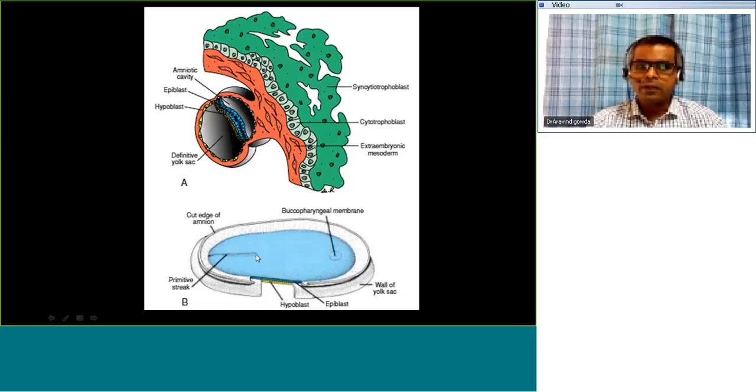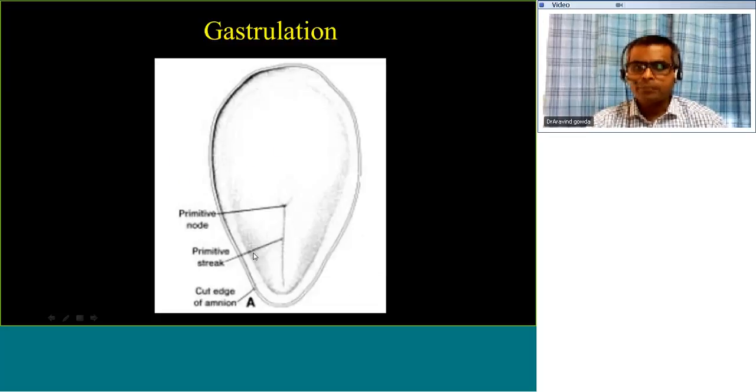And at the cranial part of the primitive streak, the cells are more thickened. They are called the primitive node or Hensen's node. A pit appears at the level of the primitive node, and that is called the primitive pit.